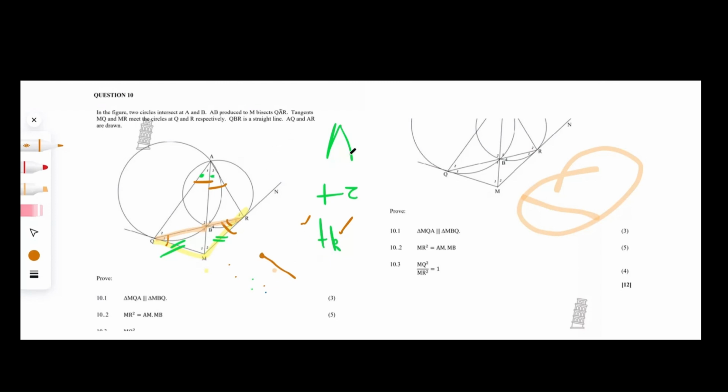So now let's continue on. They tell us that QBR is a straight line, and AQ and AR are drawn. Now, it looks like we have completed our structural analysis of our Euclidean geometrical shape. Before you continue on with the questions, it's very crucial to first conduct a structural analysis, interpreting different segments of the diagram and evaluating the different shapes that form part of the diagram.